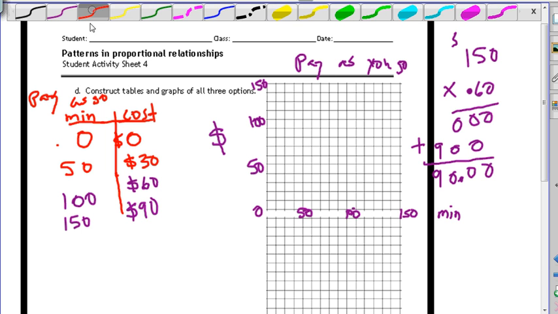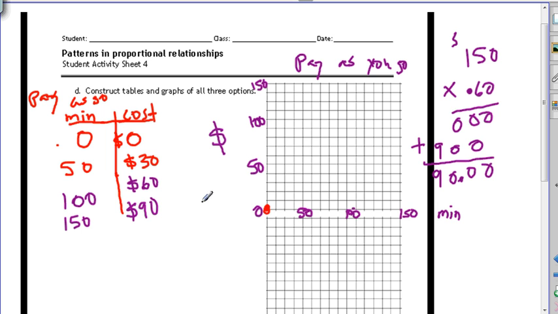Now we put our dots. This is proportional because it starts at 0, 0. Then I go 50 to 30. So I go right by 50 and up by 3. 1, 2, 3. If you guys have a hard time counting them off, each square is worth 10. The next one is 100, 60. So I go right to 100 and up to the 60, which is right here, a little bit above the 50.